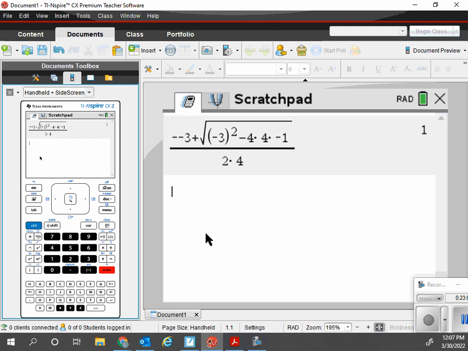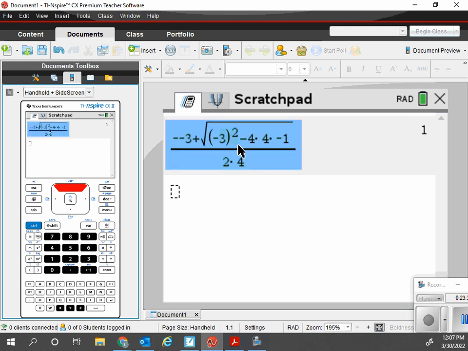We're now going to do the exact same thing, because remember, our formula is plus or minus. So we now need to do this exact same thing, but instead of this plus sign here, we need the minus sign. I'm going to show you a shortcut if you did not already know this. You do not need to retype it all in. Please do not. That is a big waste of time. Press the up arrow twice.